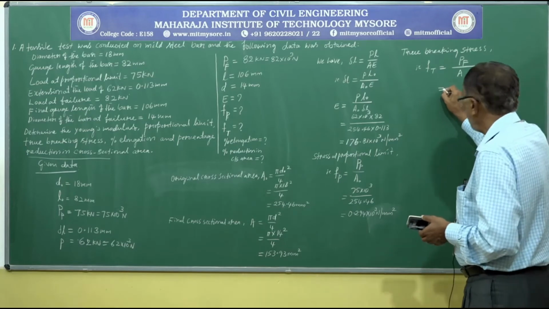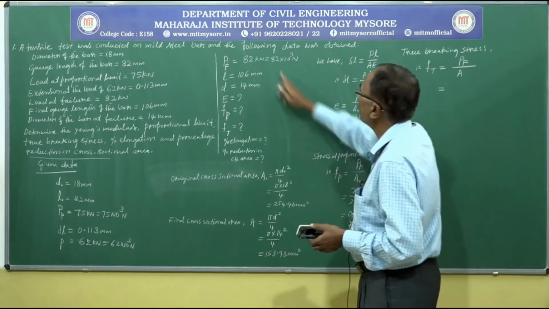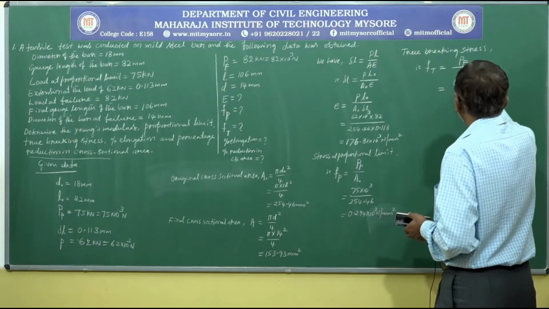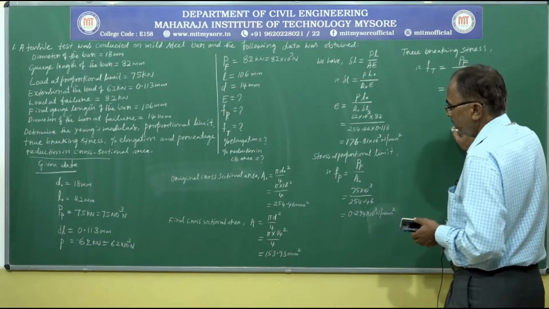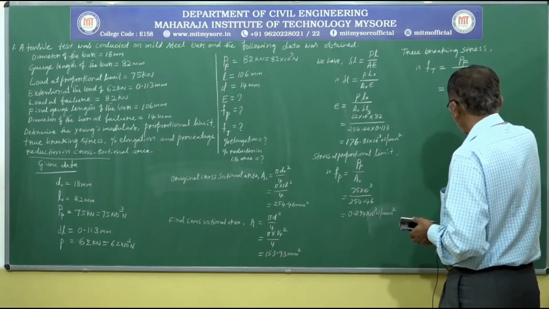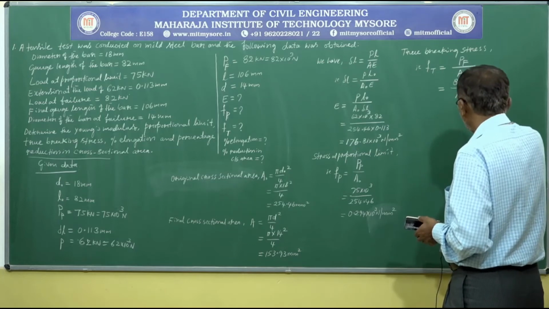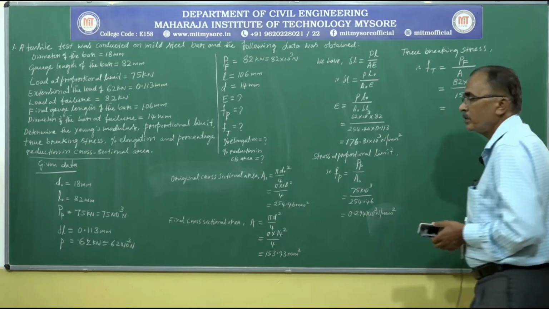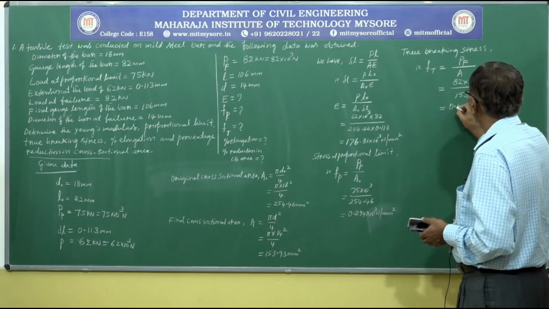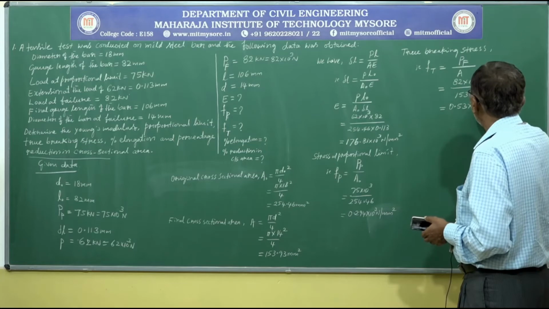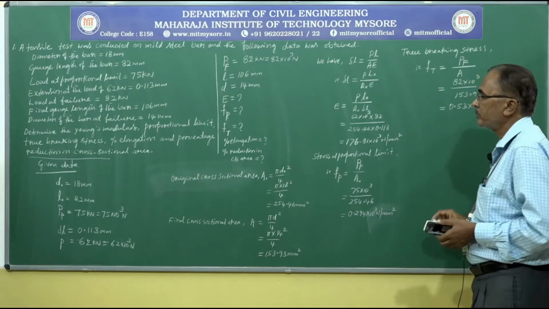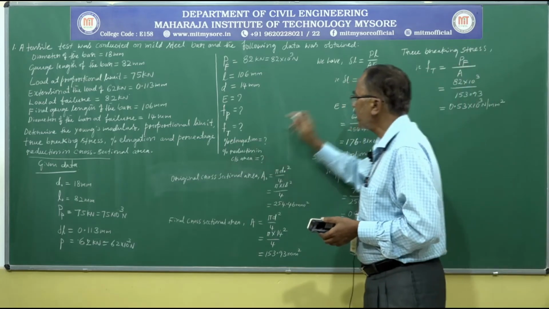The load at failure is given as 82 kilonewton, 82 into 10 power 3, divided by the final cross-sectional area, 153.93. Solving this, you will get true breaking stress 0.53 into 10 power 3 Newton per millimeter square. Next, it is percentage elongation.